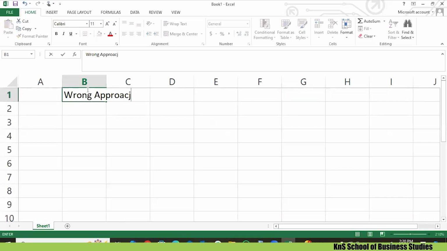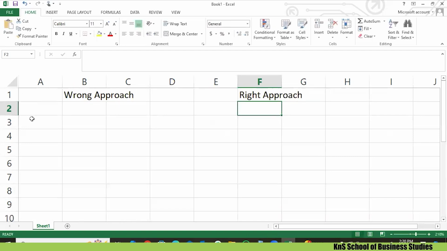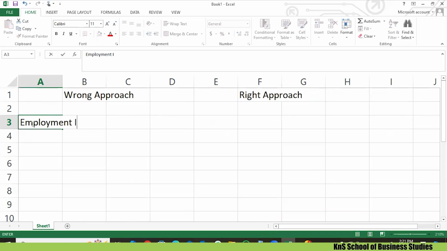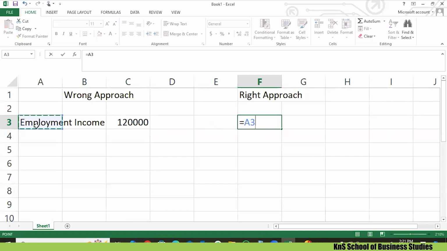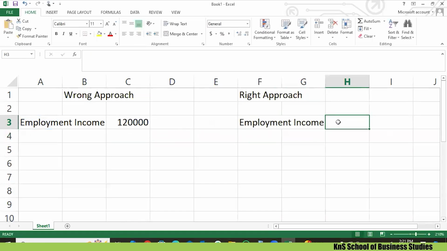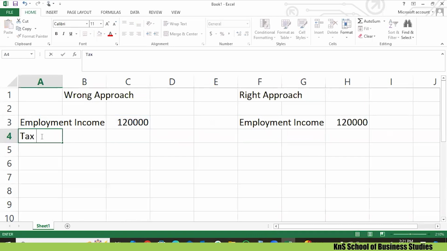Wrong approach. And here I will have the right approach. Let's make it very simple: let's say your total employment income is 120,000. Now I'm going to calculate my tax.